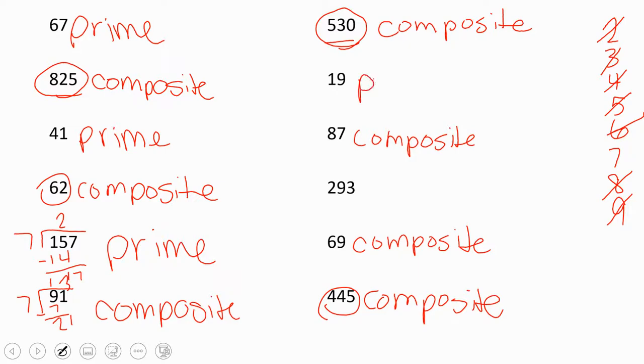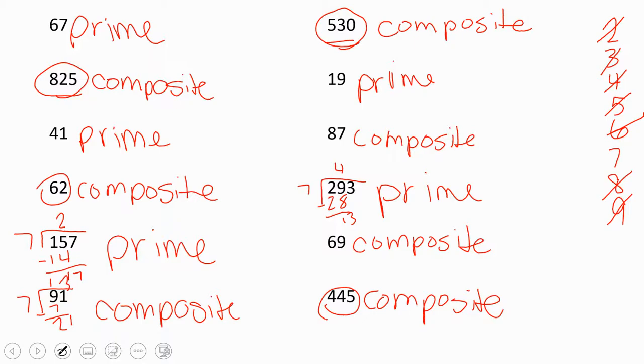Not a multiple of 7, not a multiple of 11, not a multiple of 13. 293. So let's check that. 7 goes into 29 4 times. 7 doesn't go into 13 a whole number of times, so that is prime.